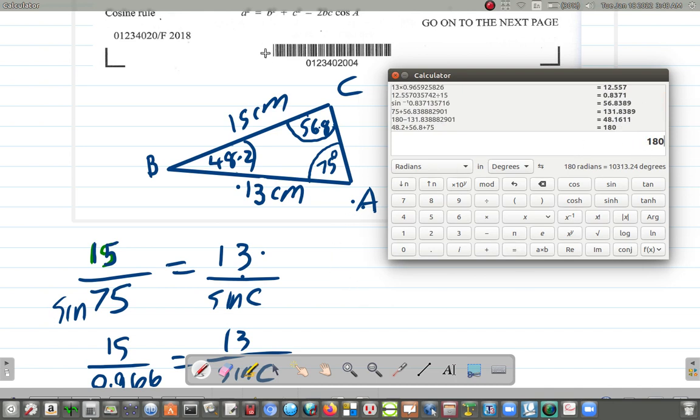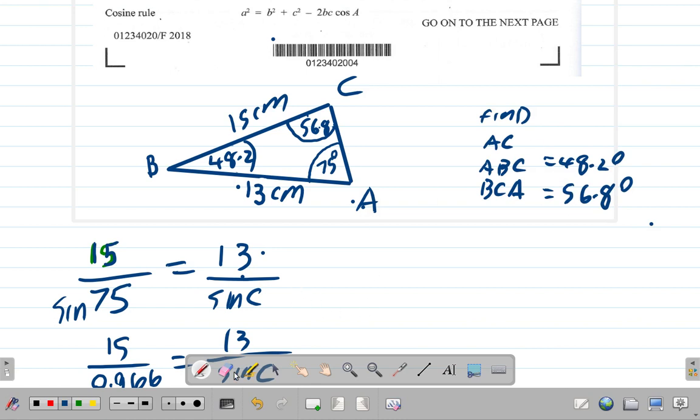Now the next thing, let me just get rid of these dots all over the place here. We want to find AC. Let's see how we can deal with that.